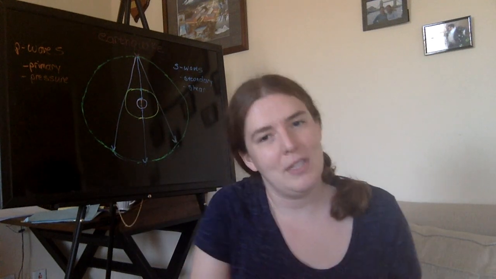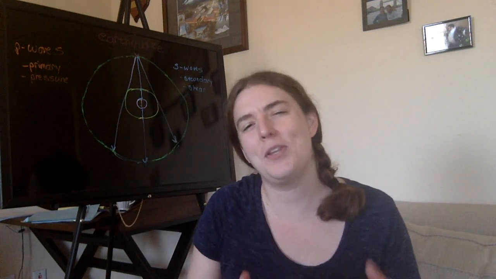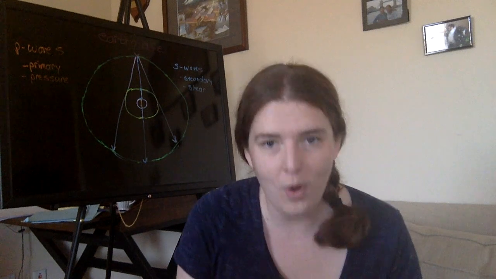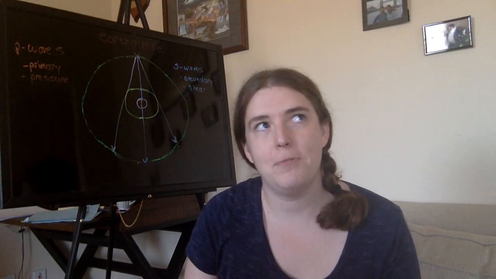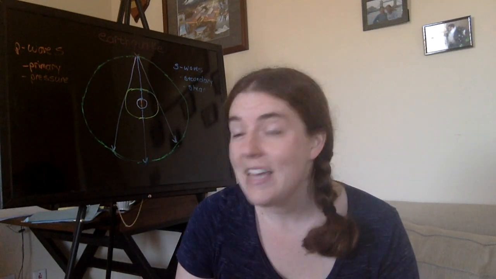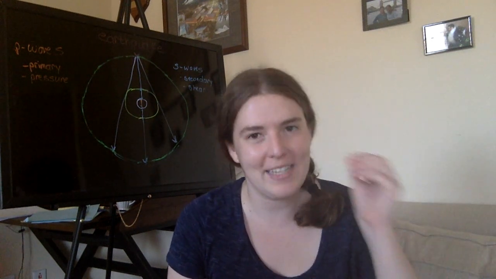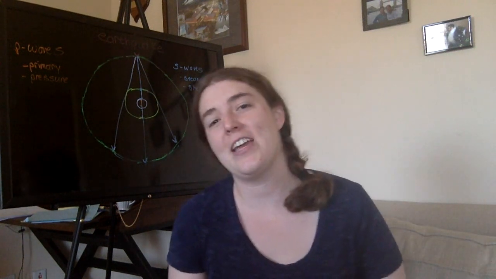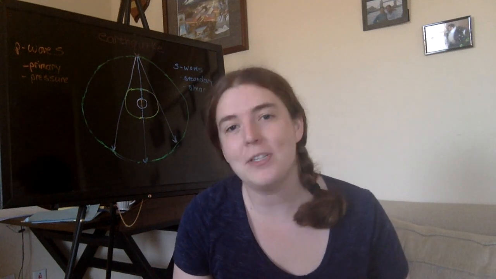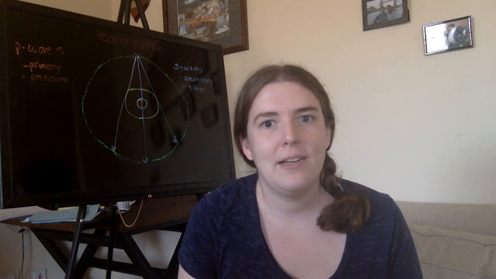So it had to go through something solid. And so that's how we know that we have a solid inner core, just because of timings. And that's maybe an oversimplified explanation, but like I said, it takes quite a bit of cleverness and trickery to figure all of that out. But that's how we did it.